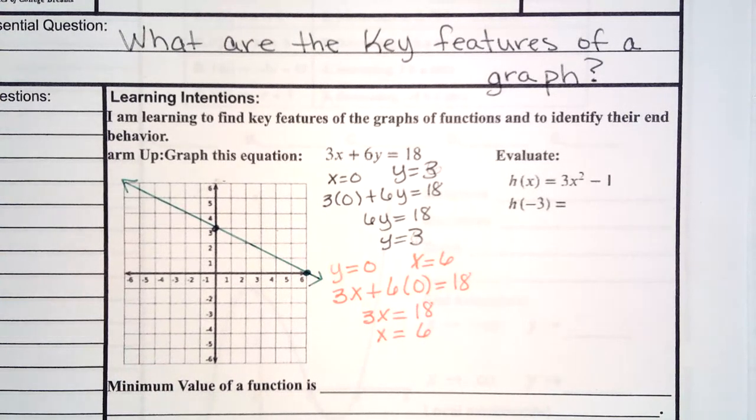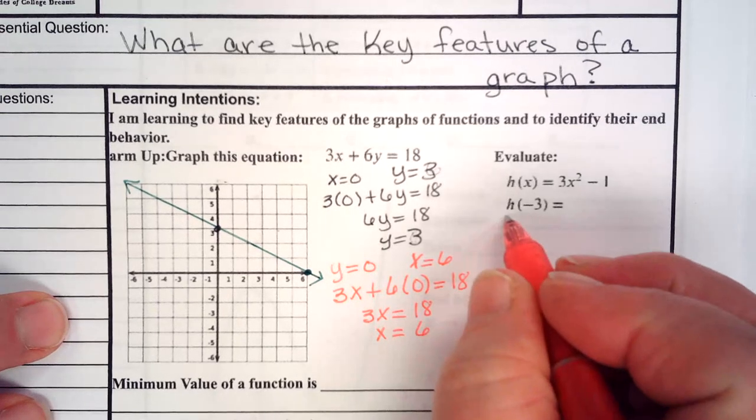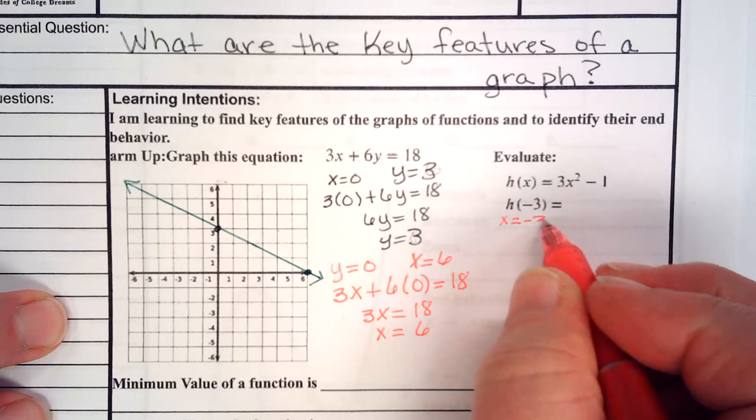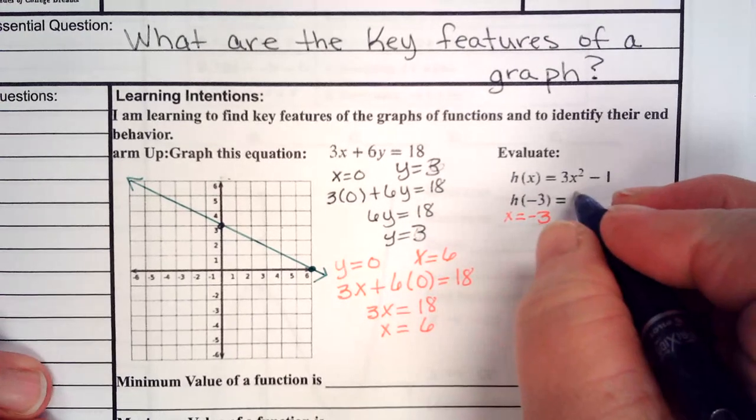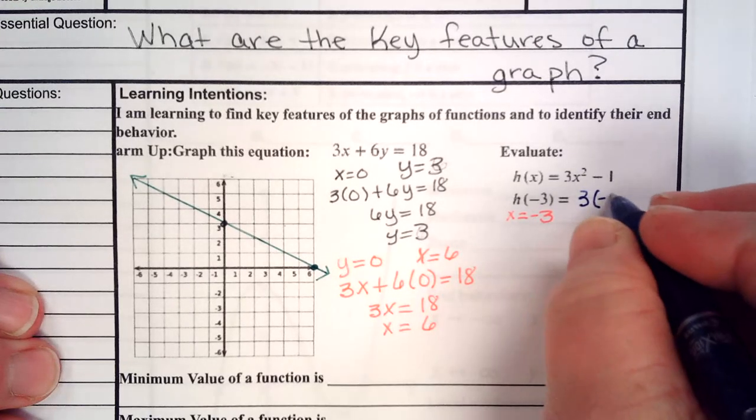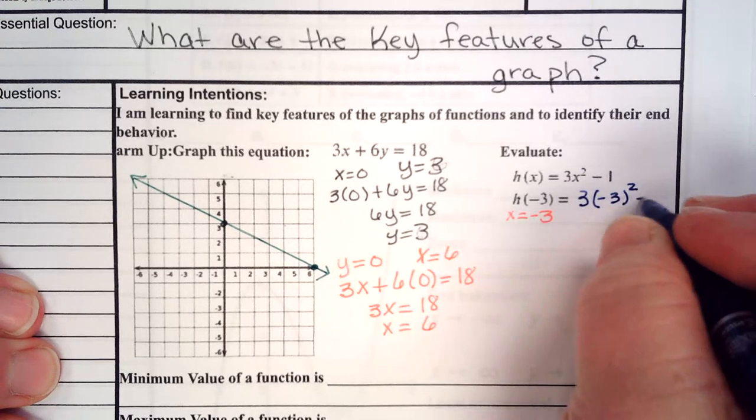Okay, looking at the next problem, if I evaluate the function h with x, I get 3x squared minus 1. But I want to evaluate h with negative 3. Remember, this means that x is equal to negative 3. I'm going to substitute in: 3 times negative 3 squared minus 1.